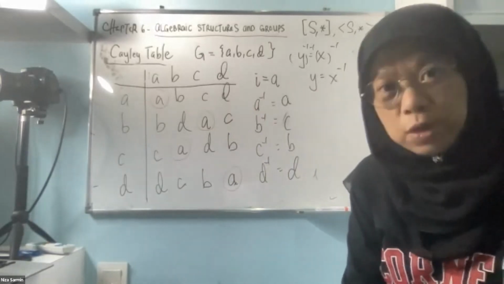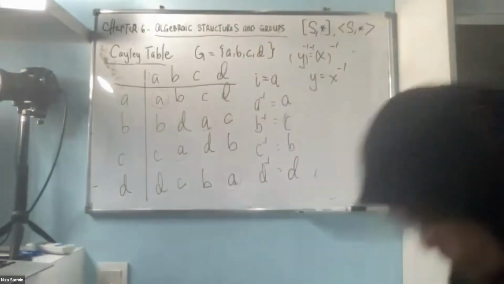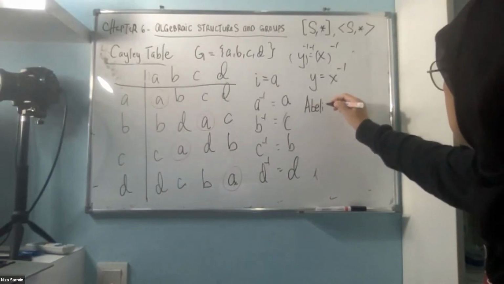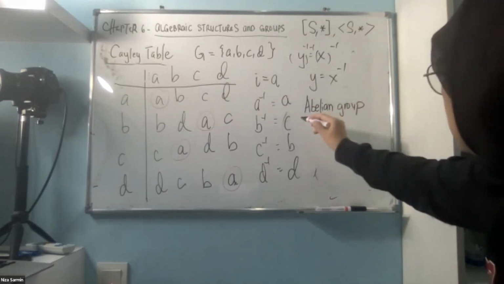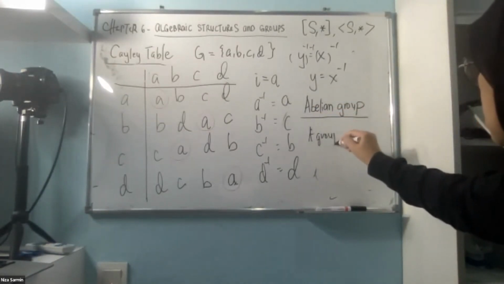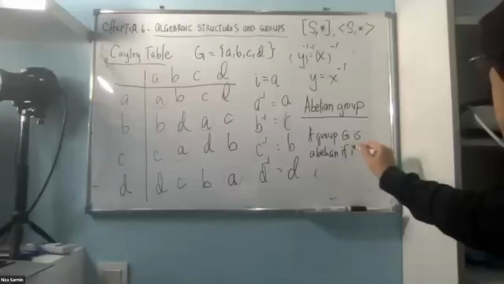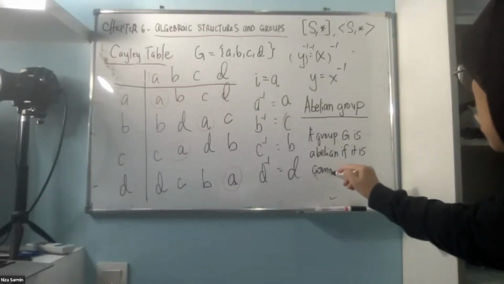Okay, last one is I want to talk about abelian group. A group G is abelian if it is commutative.